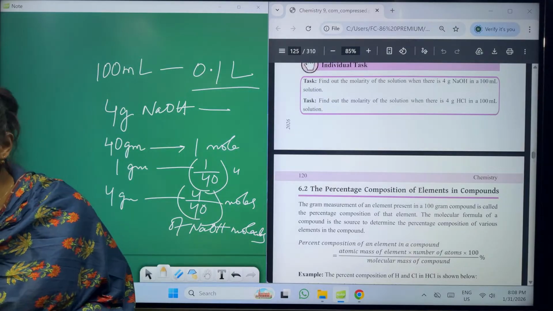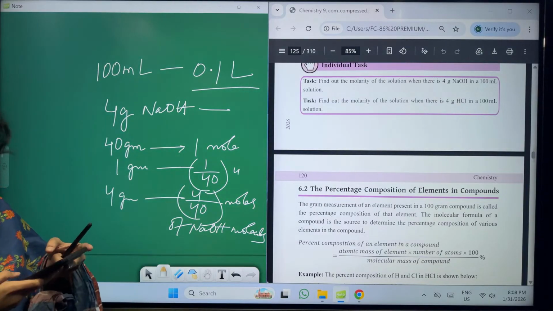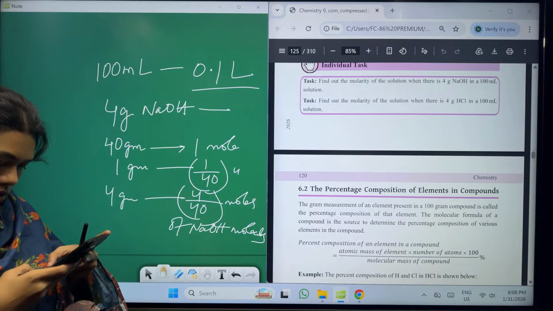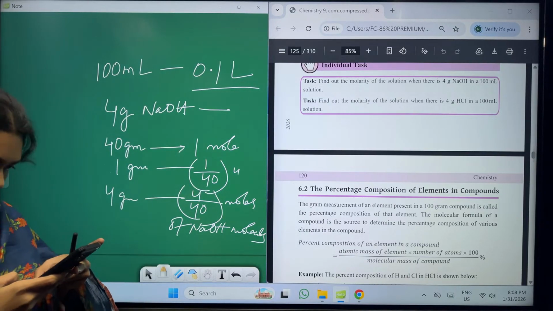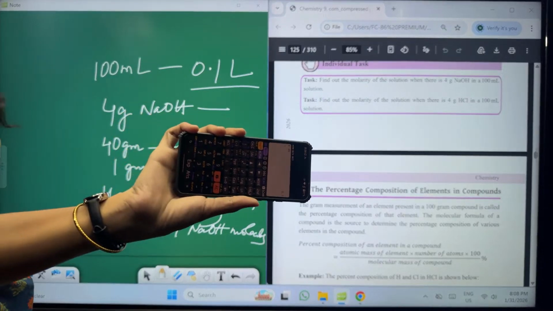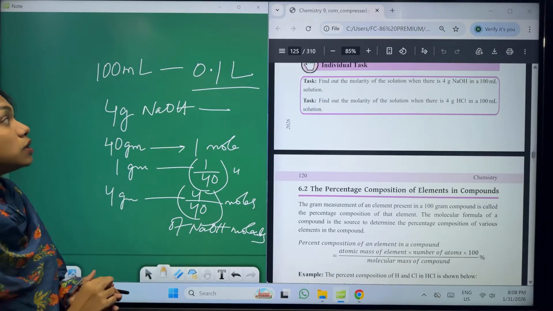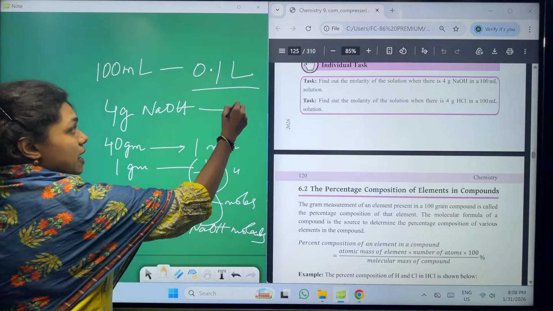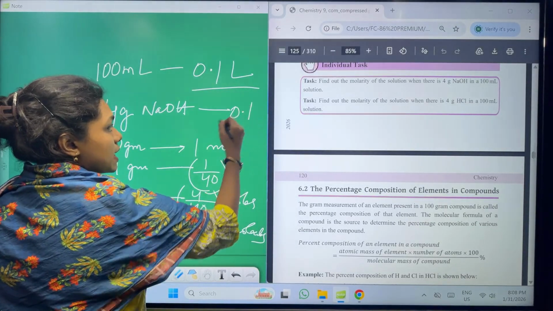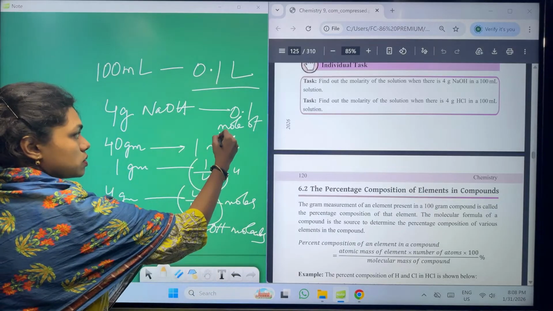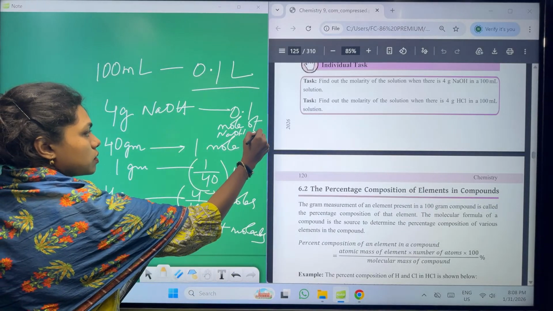What is 4 by 40? 1 by 10, 0.1, right? So 4 by 40 is 0.1. Okay. So I actually have 0.1 mole of NaOH molecules, okay.